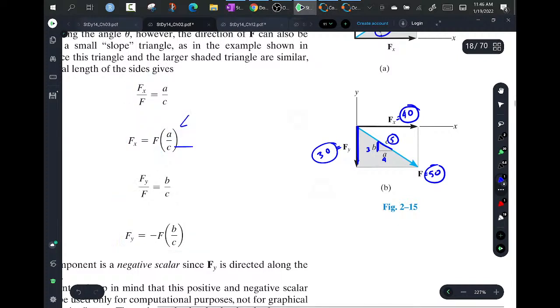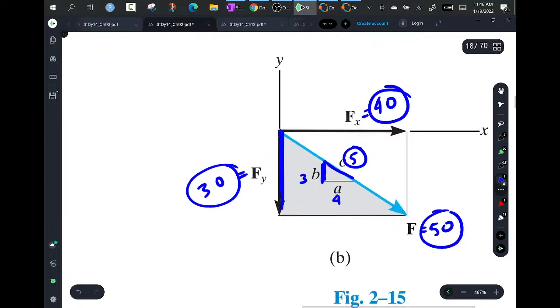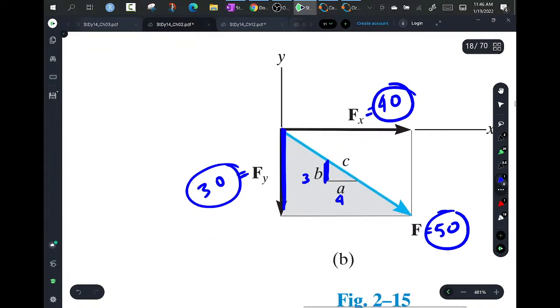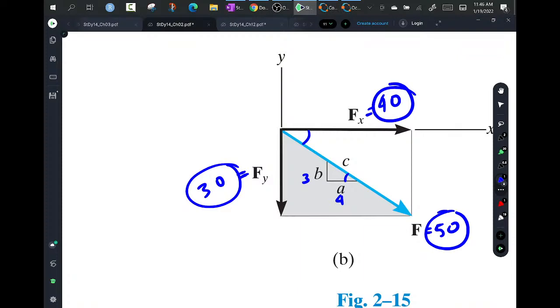Now, I have seen people do this, and it's just extra computation that you might enjoy doing, but it takes time. So this angle is the same as that angle. If you look at it, you could say, what is that angle?